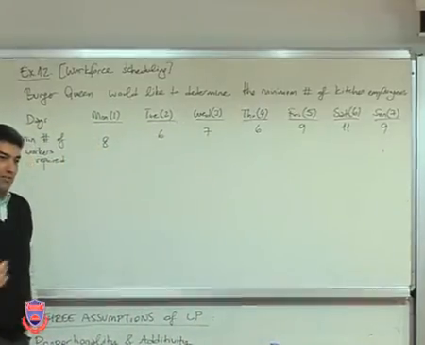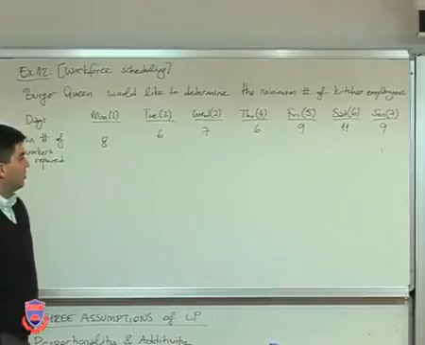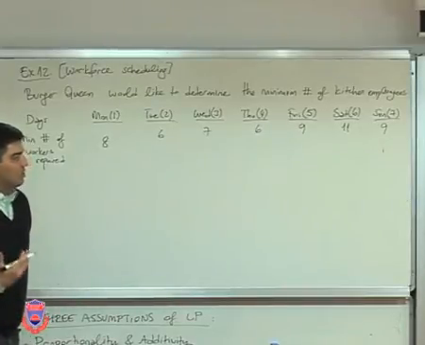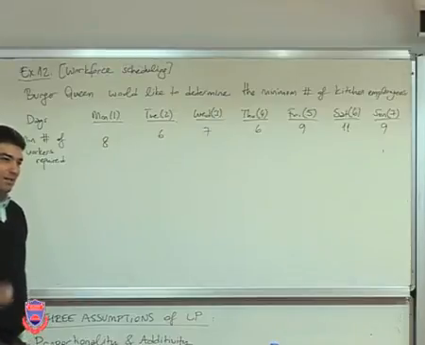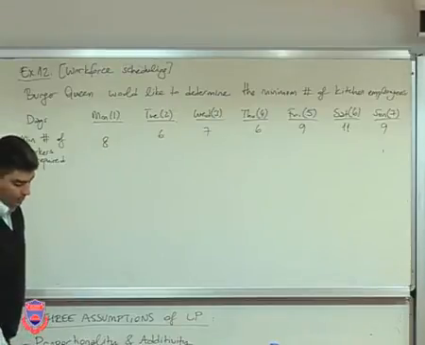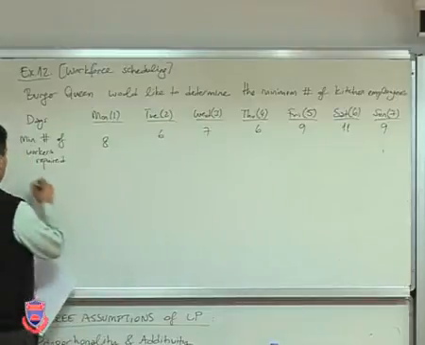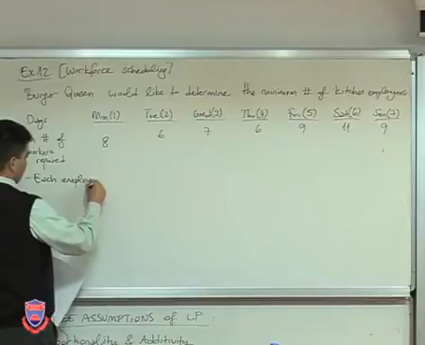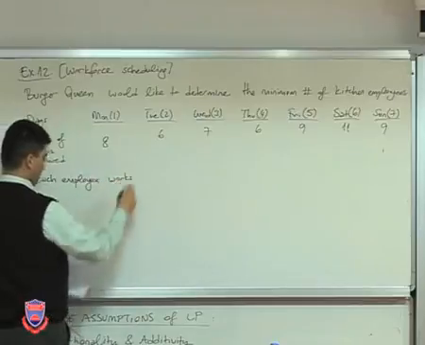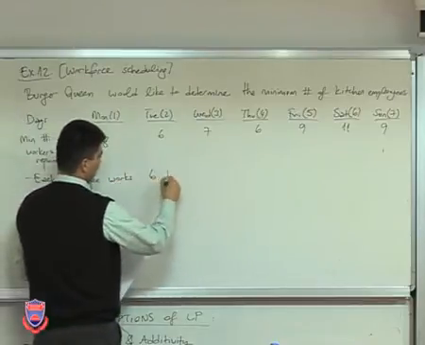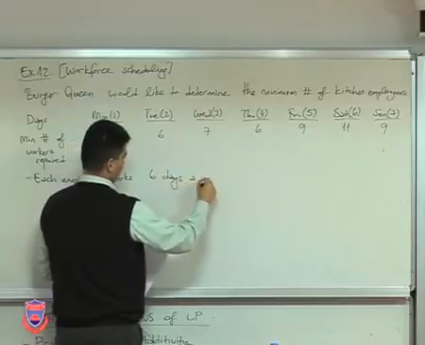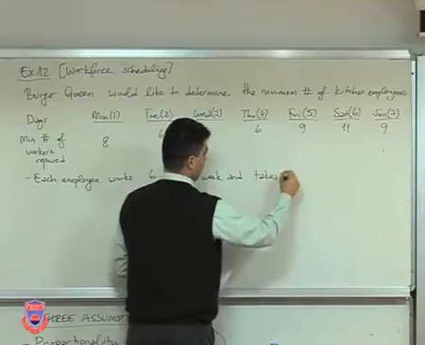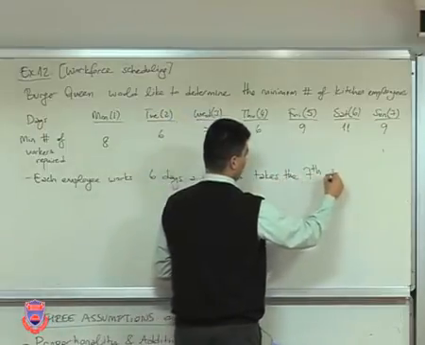So once again, based on the demand, suppose that somebody gives me this information, this data, okay? So this is the smallest minimum number of kitchen employees that I should have so that I can meet the demand every day. So each employee works 6 days a week and takes the 7th day off.